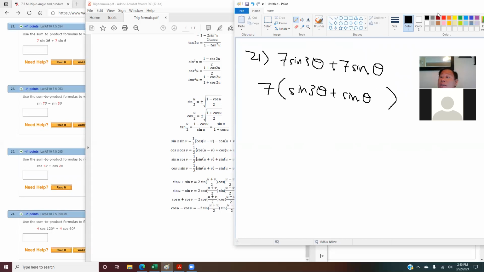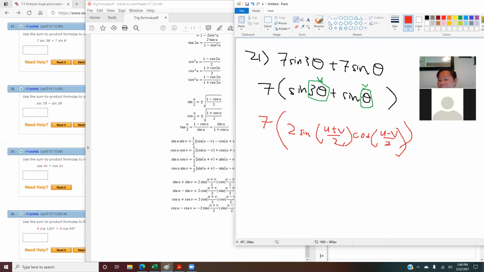And your u in this case is what? It would be 3 theta. And your v in this case? Theta. So this 7 is just a duplicate, so keep on writing 7. So this one, by looking at number 1, is 2 sine of u plus v over 2 and cosine of u minus v over 2.